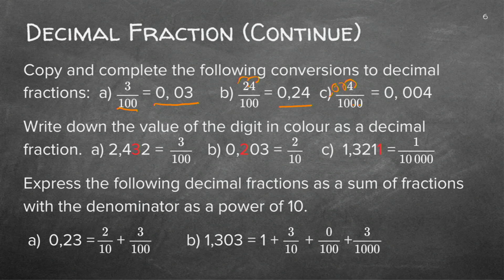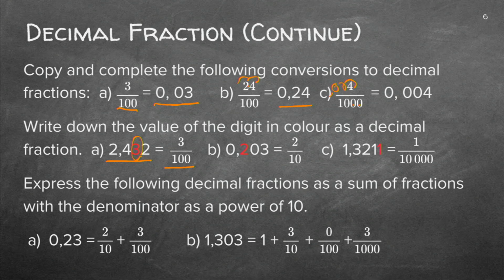Okay, let's see if you understand. They ask you to write down the value of the digit in color as a decimal fraction. So here we've got 2,432 and they ask us to write 3 as a decimal fraction. So let's see if you can work this out. 3 is going to be 3 over 100, right? So it's 2 decimal places after the comma.